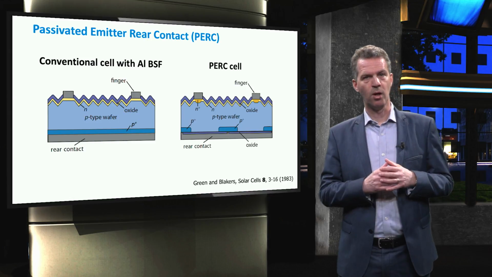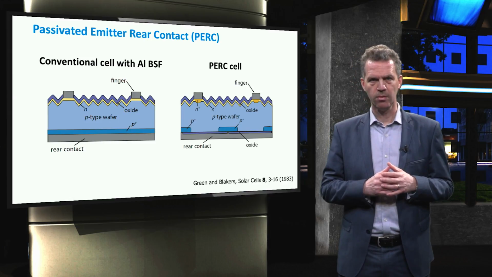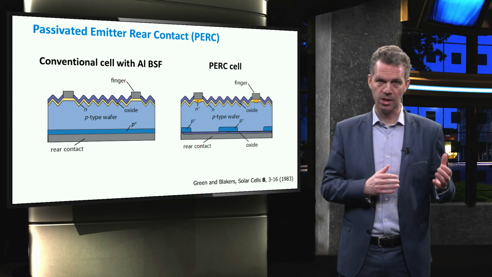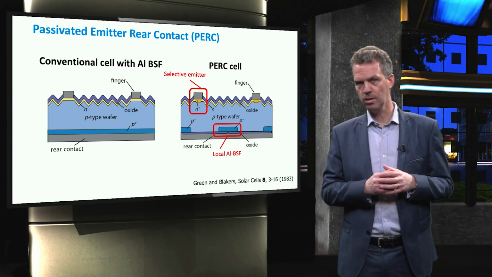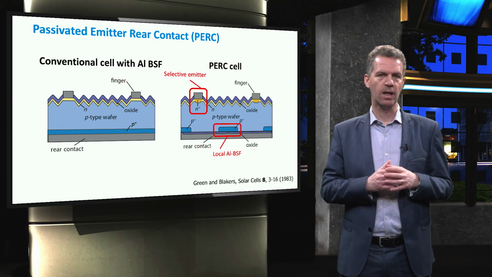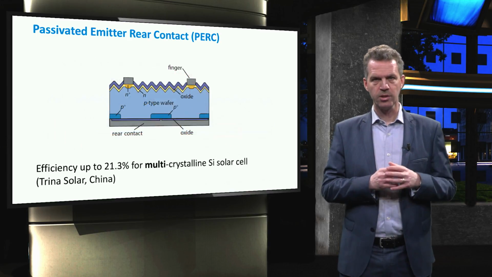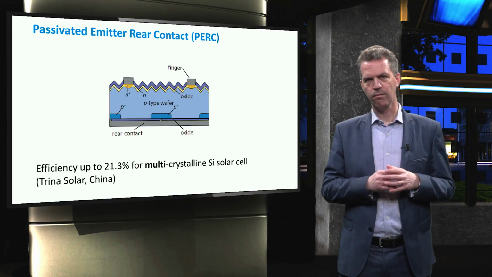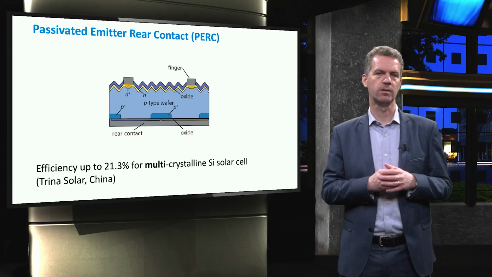In addition to the PERC technology, with the oxide passivation layer at the back, the current design may feature a selective emitter and a local BSF around the holes in the oxide. And also this is realized by diffusion of aluminium after back contact deposition. Trina Solar holds the current record efficiency of 21.3% using some of these features.